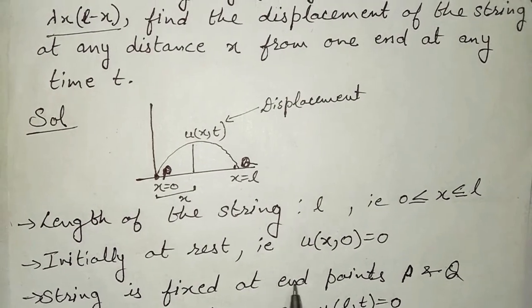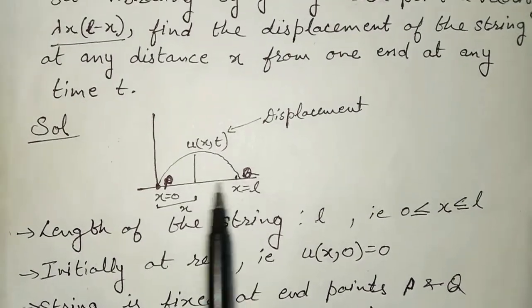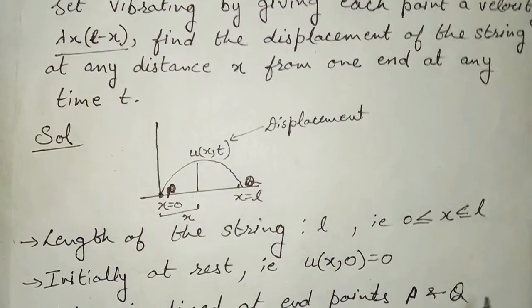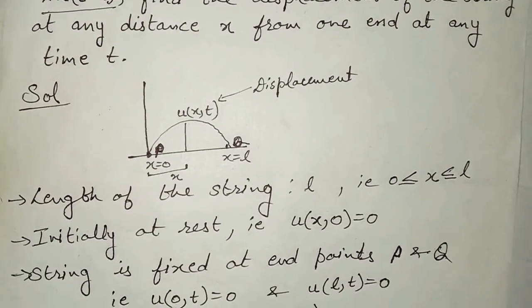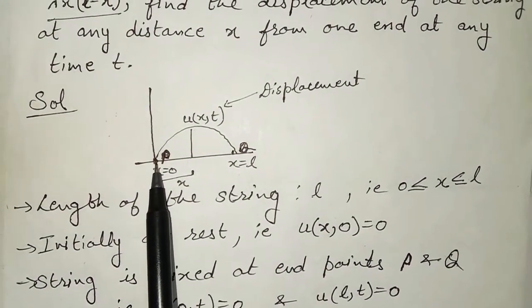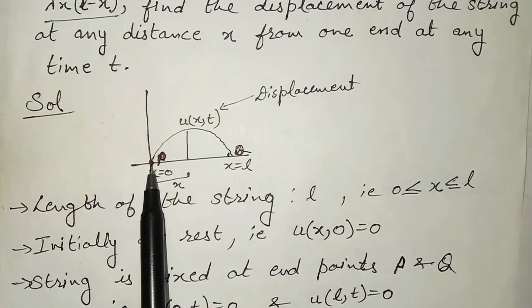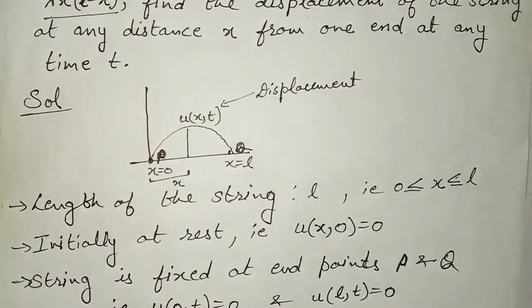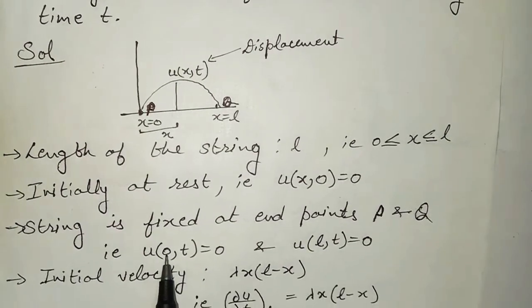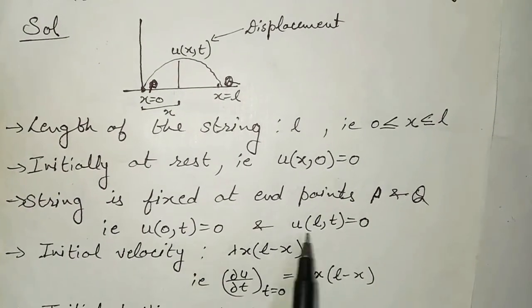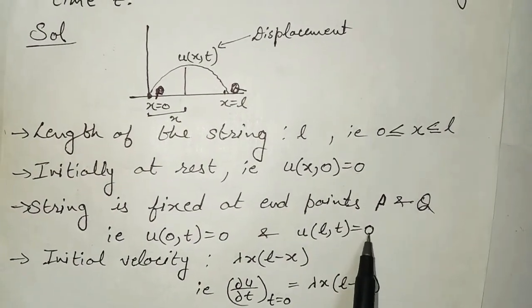The string is fixed at endpoints. So these are the endpoints of the string PQ. So it means whatever the time is, both the ends are fixed. So when x is equal to 0, then u is 0. When x is equal to L, then u is 0.